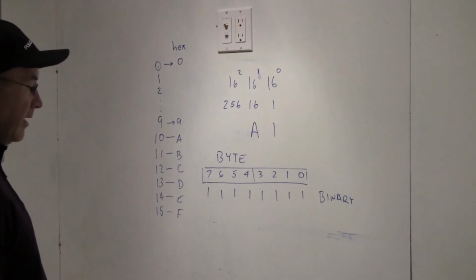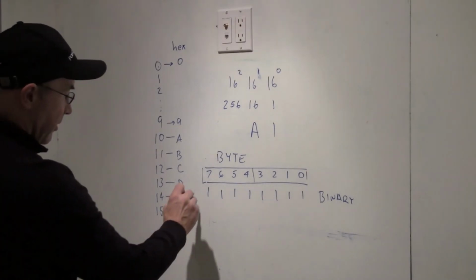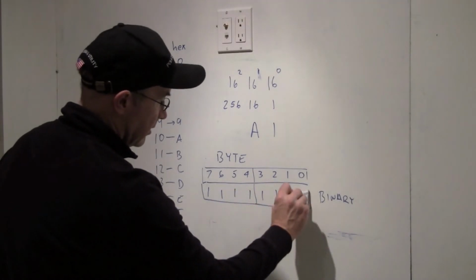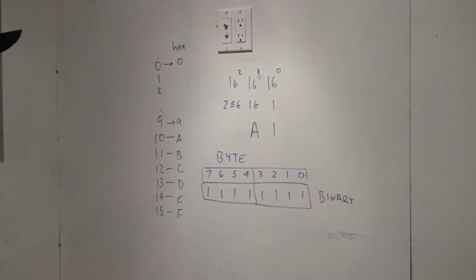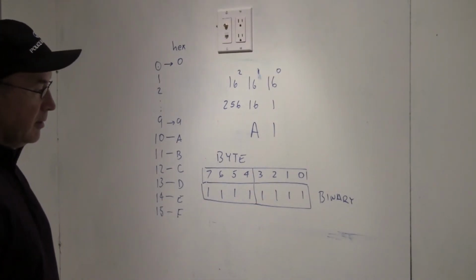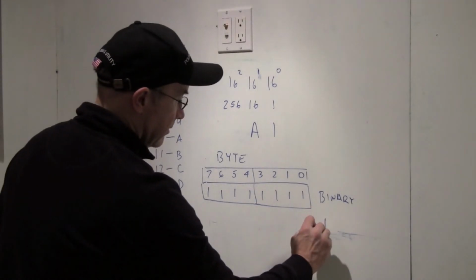If you want to convert that to hex, there's a method. You basically divide these 8 bits into groups of 4, and then you turn each binary number into the hex number.